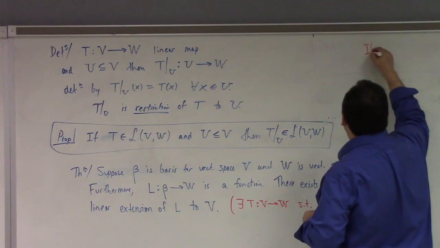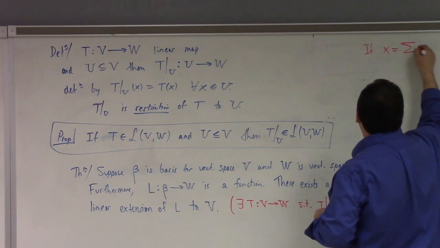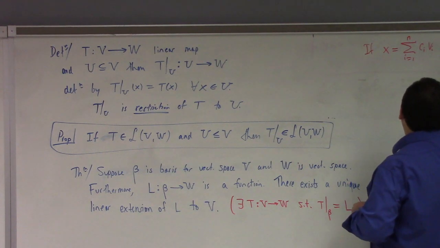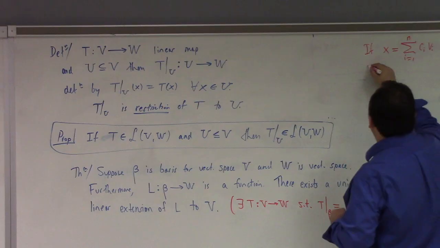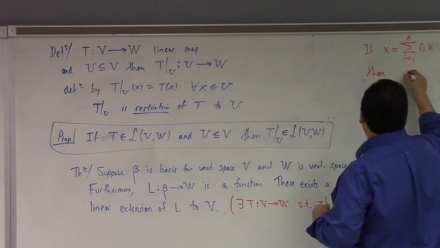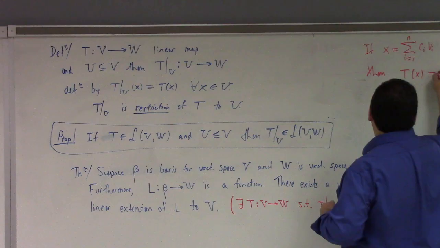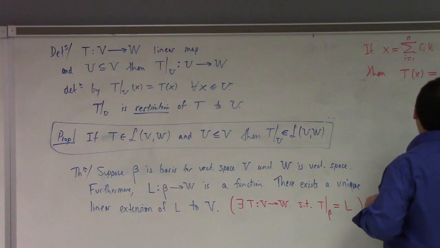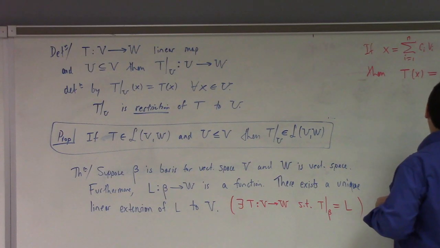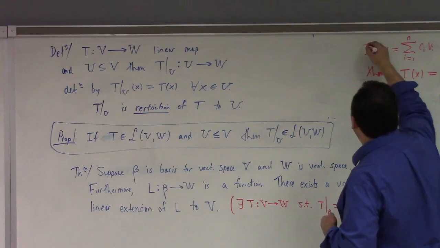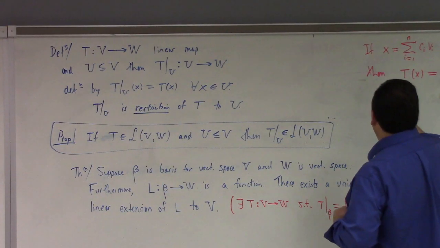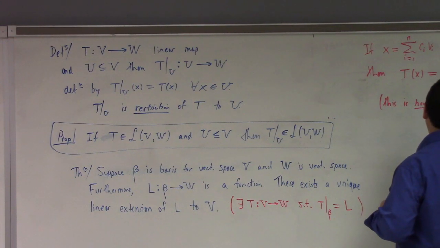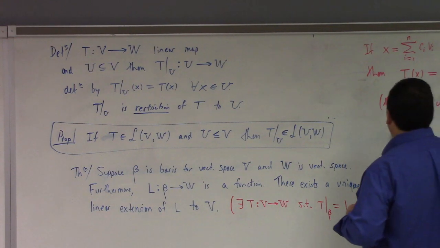If x is equal to the sum i equals 1 to n of c_i v_i, for v_i in the basis, then the T I'm talking about, of x, is defined to be the sum i equals 1 to n of c_i L(v_i). This is how we create the extension.